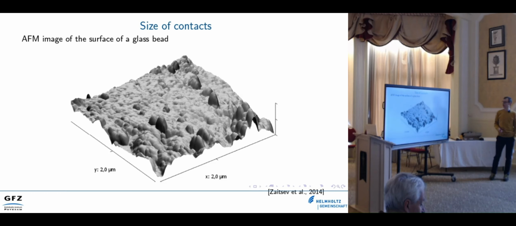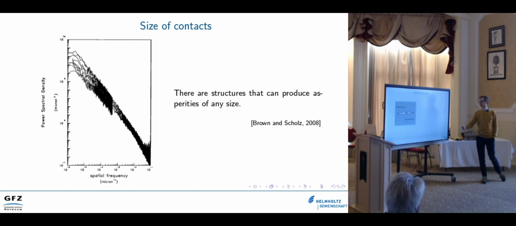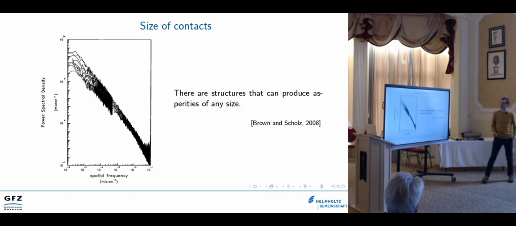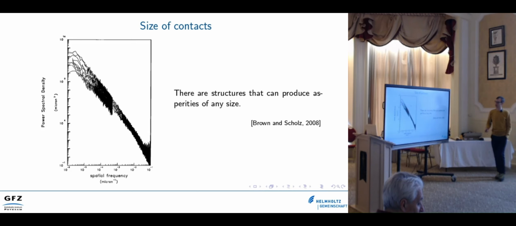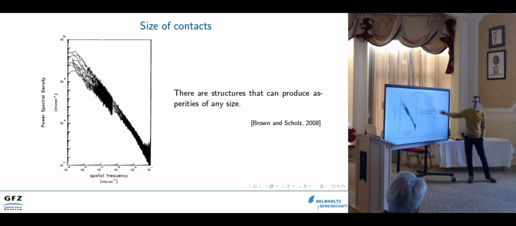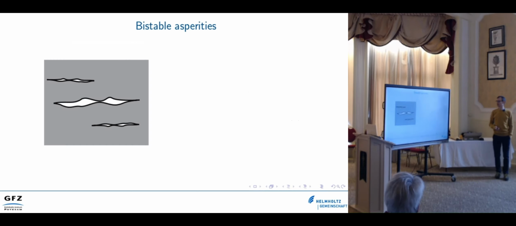So we have all the different sizes present there, and when we look at spectra of the asperity size that we observe in between or on minerals, we actually see that this is kind of scale invariant, so we can expect that we have any size of structures.